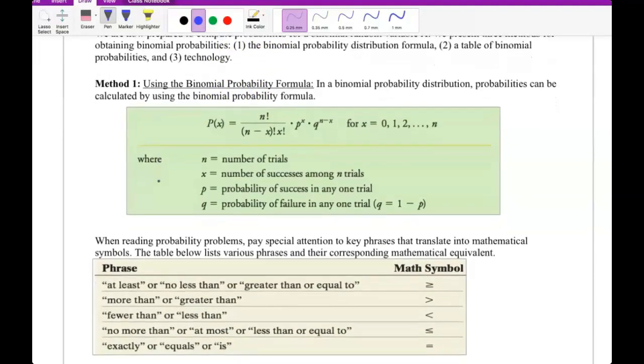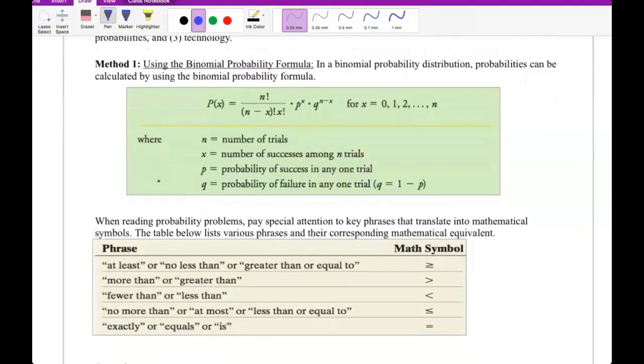First method is without using calculator. We have this formula for this part. Here n is exactly the same as the previous page. Number of trials, x is number of success, and p is probability of success, and q is probability of failure.